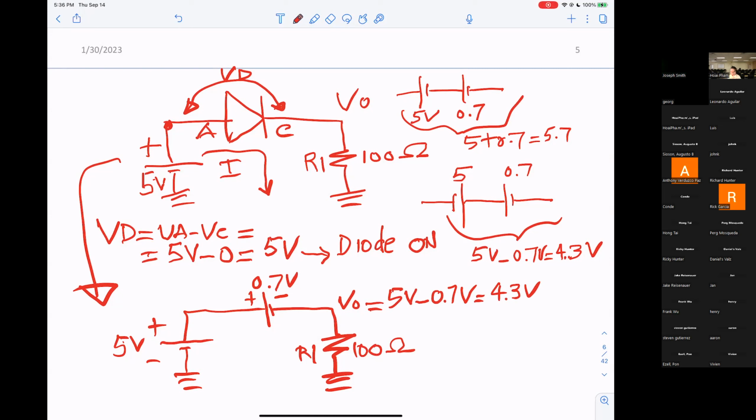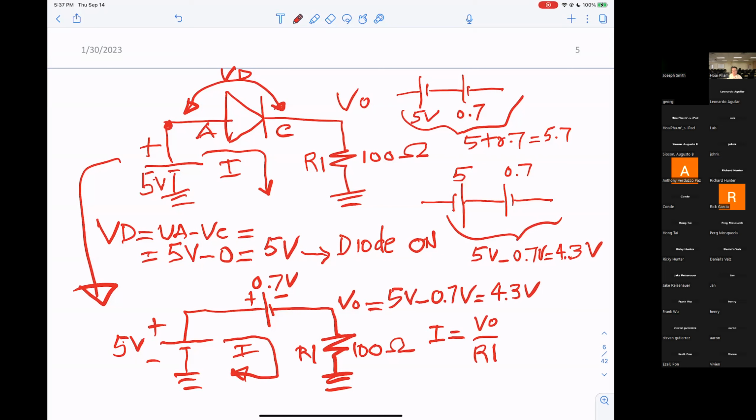Okay, if you get any question, let me know. Try to make it clear. And if you see the current will flow this way. If you want to calculate the current, I equals V out divided by R1. That's just the law.